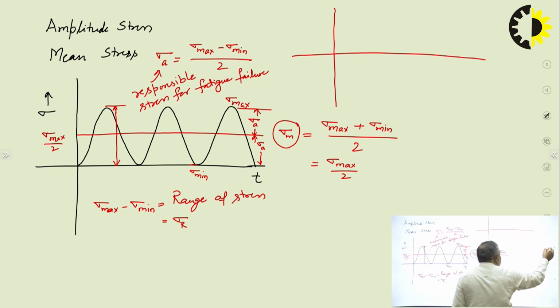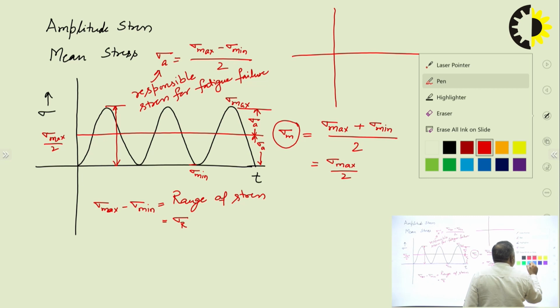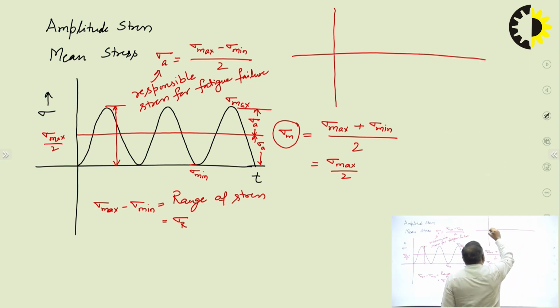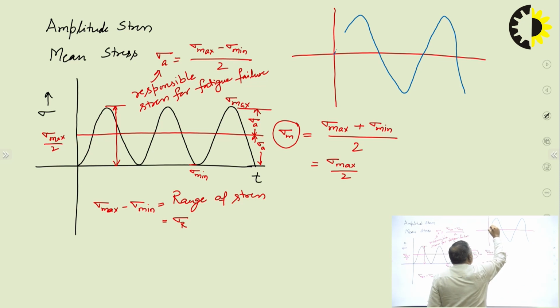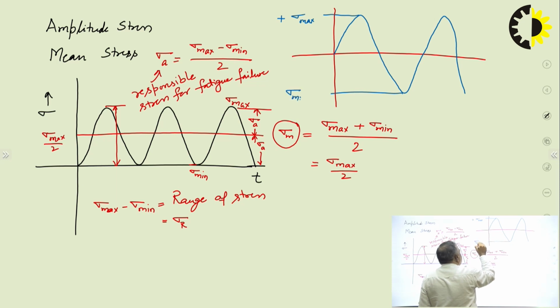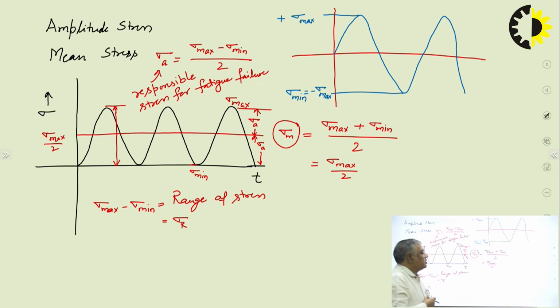Now I will take the example of completely reversible stress, which I will draw. This is the maximum positive side, sigma max, tensile in nature. This is sigma minimum, equal to minus sigma max, negative, meaning compressive in nature, and the magnitude is the same as in the tension.